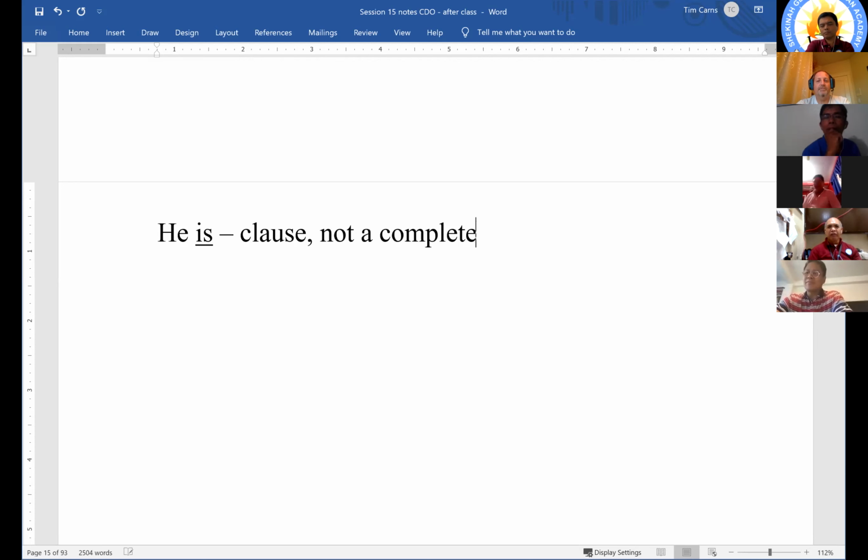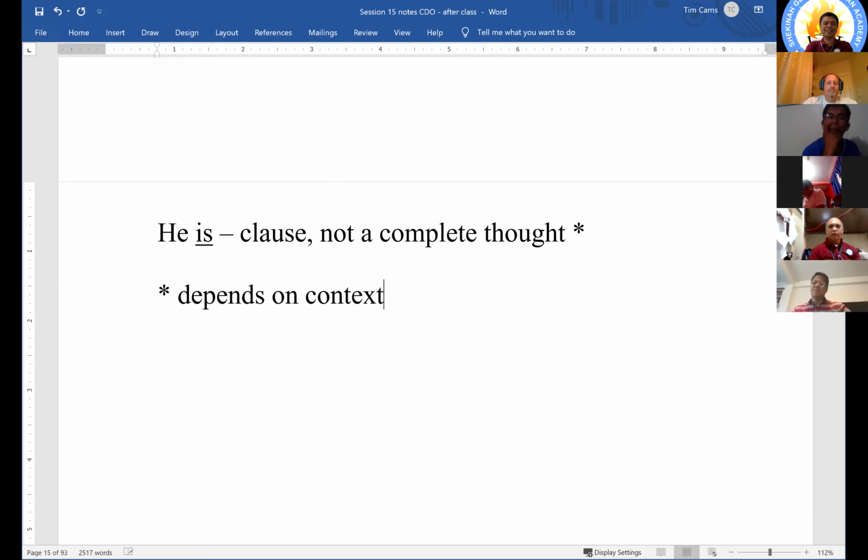We could put an asterisk here, because it depends on context. Just this statement standing by itself doesn't form a complete thought. All right.